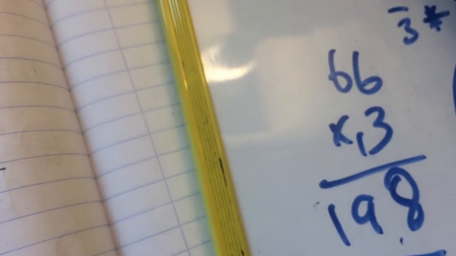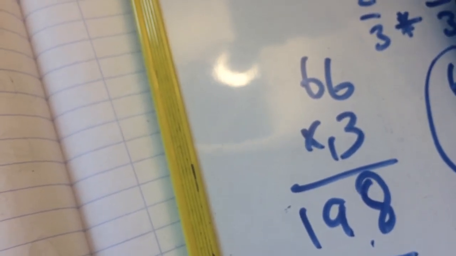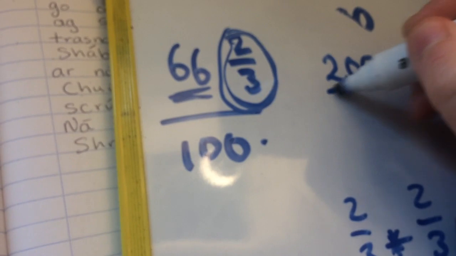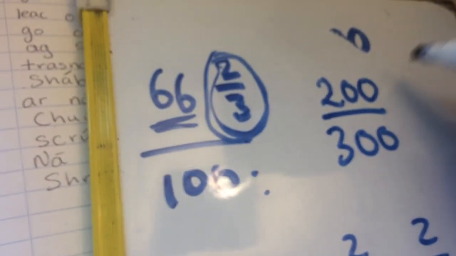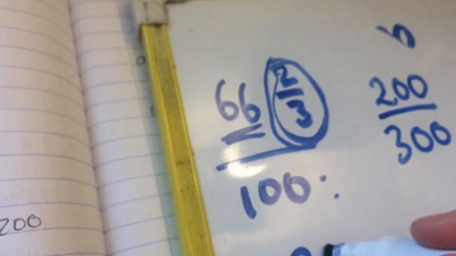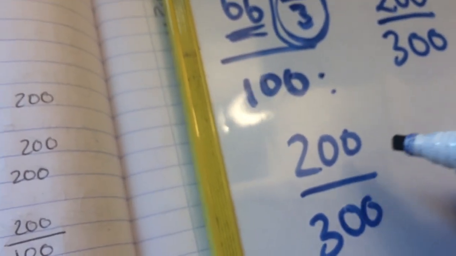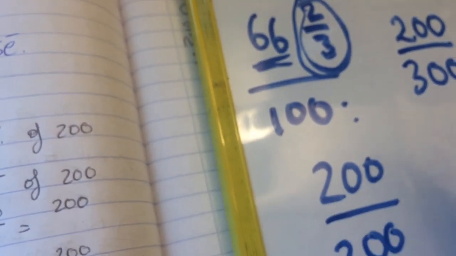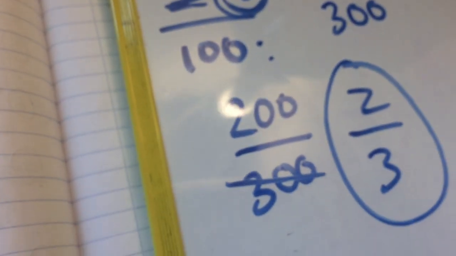So now we have 200 even. 200 even, we've multiplied this by 3 as well, over 300. So that's our new fraction, which is a big fraction, isn't it? Now we can break that down, can't we? We can go 100 into 200 goes twice, 100 into 300 goes 3 times. So it's actually 2/3. Okay, it's 2/3.